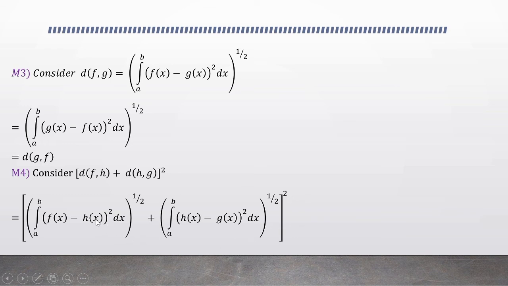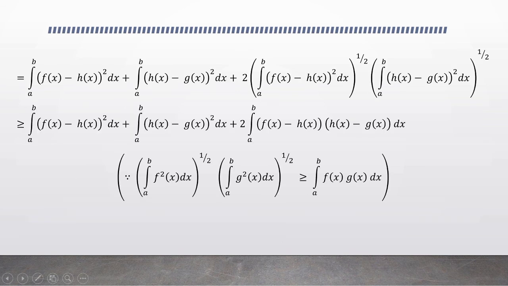Now this is the first term plus another term, bracket square. So using the formula (a plus b) bracket square is equal to a square plus b square plus 2ab, we get the value of this as a square plus b square plus 2ab.